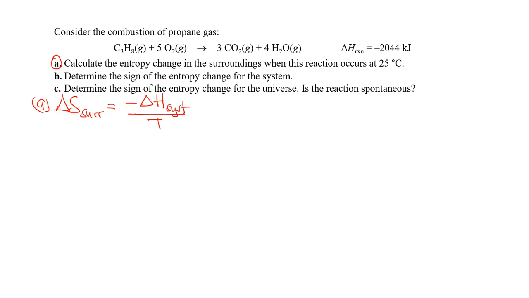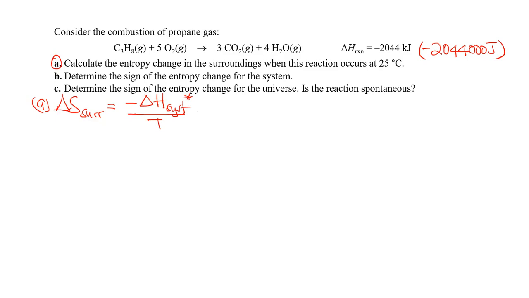So in this case, we have delta H reaction, which is also the same as system. Delta H reaction is negative 2044 kilojoules. Please change this one. Always change it to joules. So the joules will be 2044,000 joules. You don't want to put this one in this equation in its kilojoules form. You want to use joules.